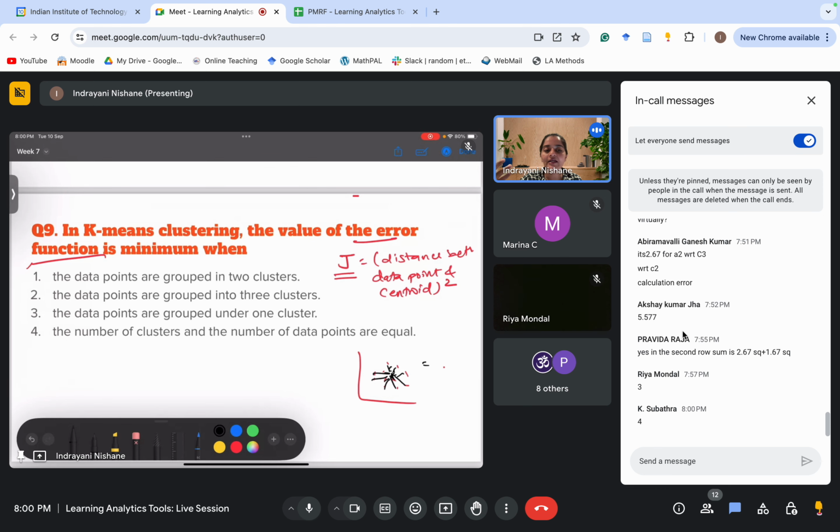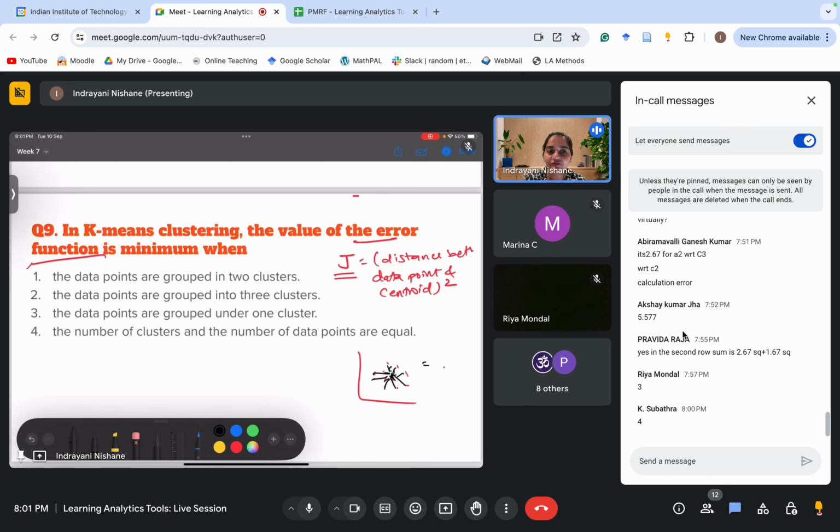Okay, now read option 4 carefully. The number of clusters and the number of data points are equal. So what happens when each data point is a cluster in itself? What will the centroid be in that case? The data point itself, right? If all the data points are considered individual clusters, like we saw in the beginning of agglomerative clustering, every data point was a cluster. At that time, the centroid was the data point itself.